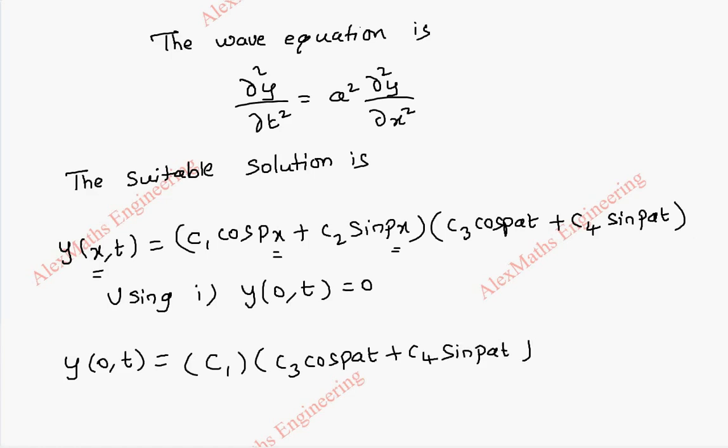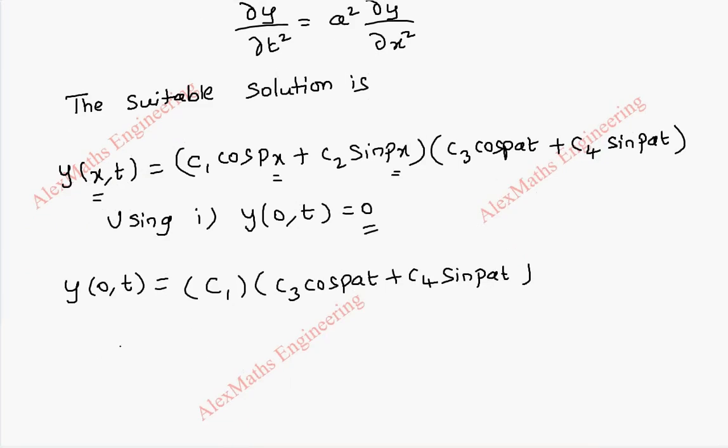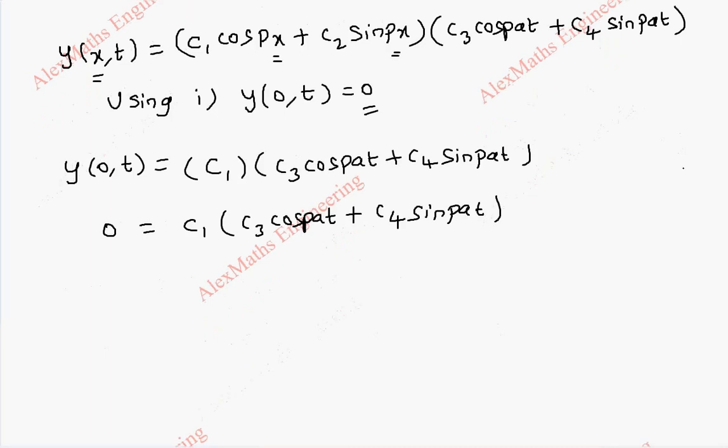Now y(0, t), the condition value, is 0. So 0 equal to c1 into (c3 cos pat plus c4 sin pat). And this c3 cos pat plus c4 sin pat cannot be 0 because it is defined for all values of t.